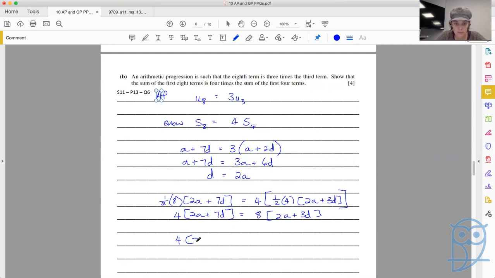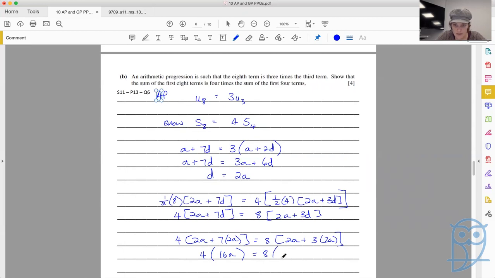So 4 times (2a plus 7 times 2a) equals 8 times (2a plus 3 times 2a). We simplify. 2 plus 7 times 2 is 16. So here we have 4 times 16a.